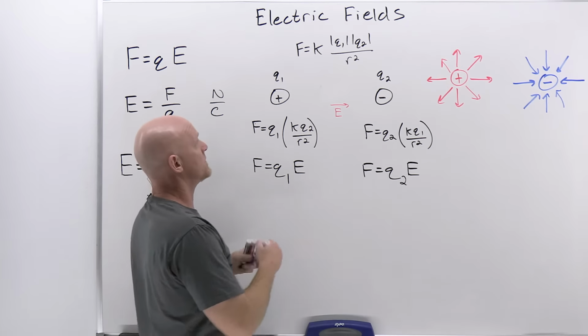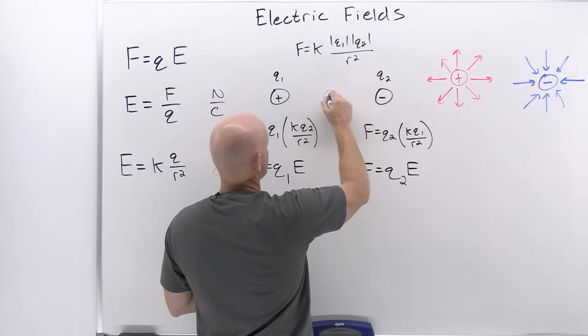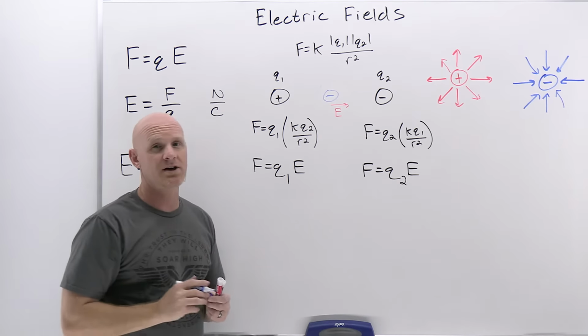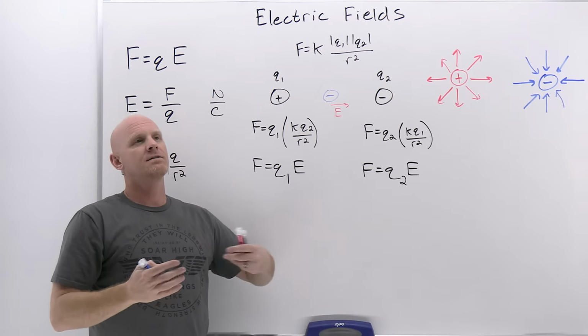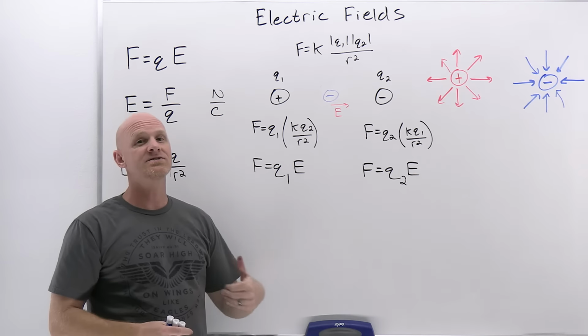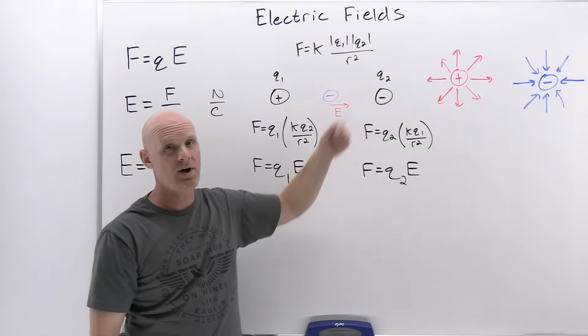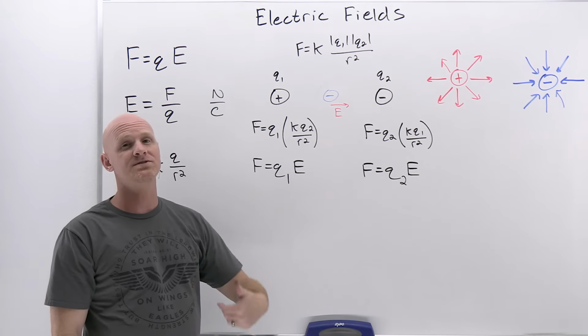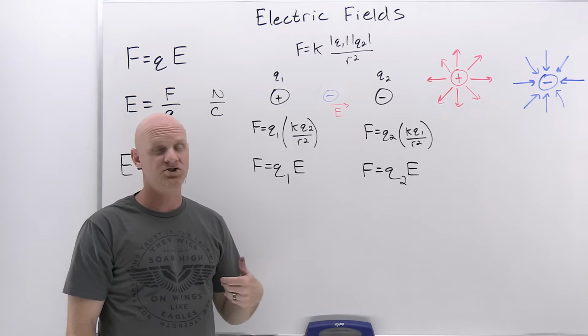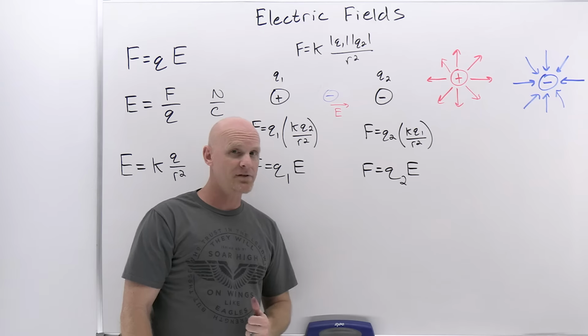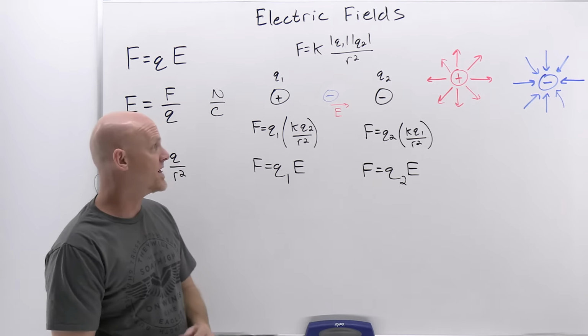Because what if instead we actually didn't have a test charge but had an actual negative charge at that location? Well, again, the direction of the electric field is defined as if there were a positive charge there, and it would still point to the right. It points in the same direction as the force experienced by a positive test charge, whether or not there's a positive charge there or not.